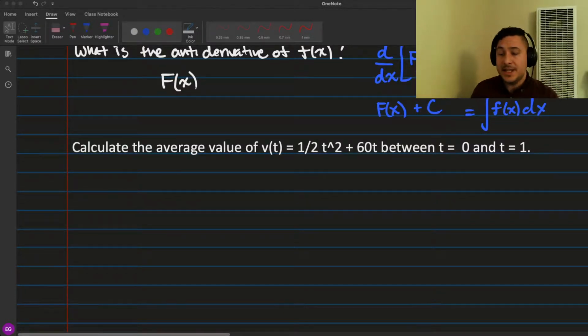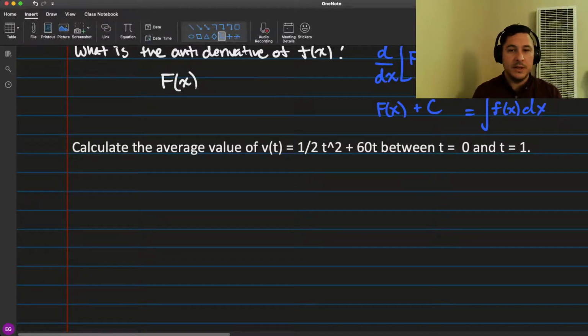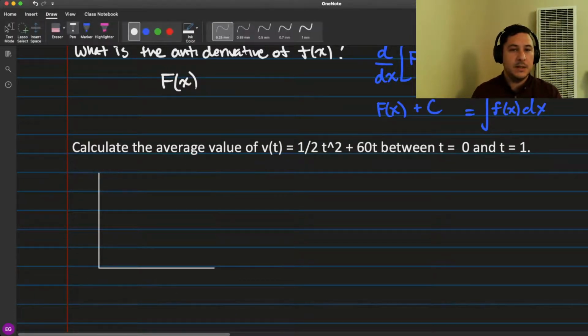Okay, so this time, is our curve straight for this example? No, because it's squared. So let's sort of just draw what this looks like. Let's give ourselves an axis. It's 1/2 t squared plus 60t. Let's factor out some numbers, or you could factor out a t. So you get t(1/2 t plus 60).